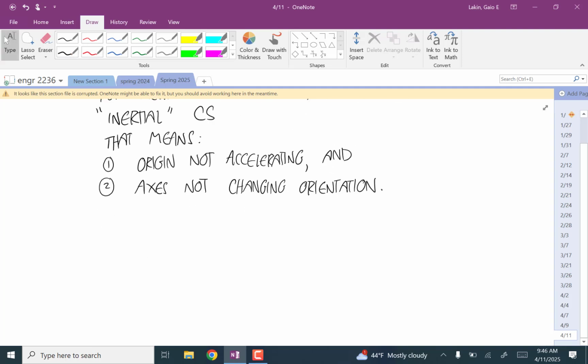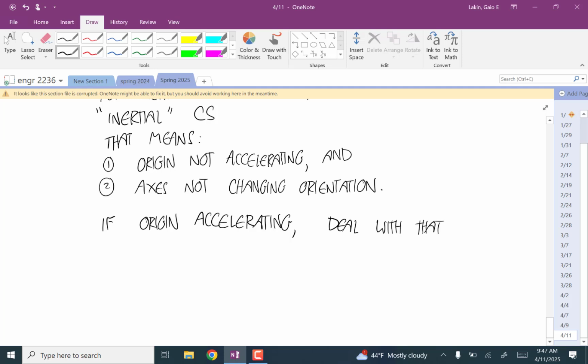If the origin is accelerating, so how would you deal with that mathematically? Yes, you guys are killing it. If the origin is accelerating, you deal with that using relative motion.